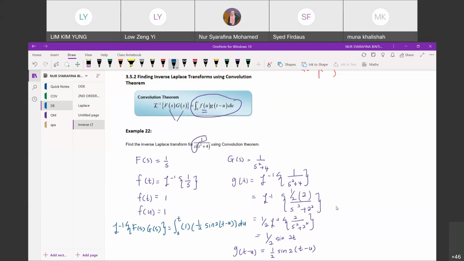So 1 over 2 times 1, just put 1 over 2 outside, and integrate sine 2(t minus u) with respect to u. Can you integrate this? The answer here is the convolution of the inverse transforms of Fs and Gs. Try to integrate this by direct integration.